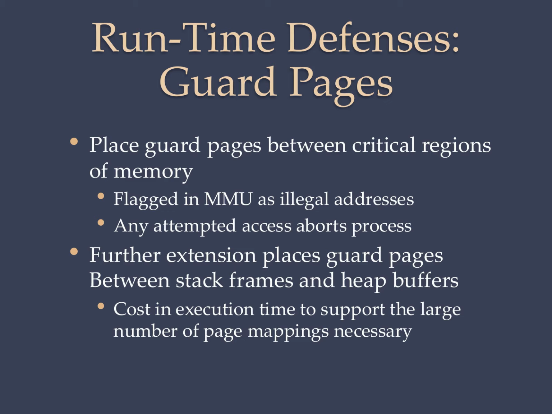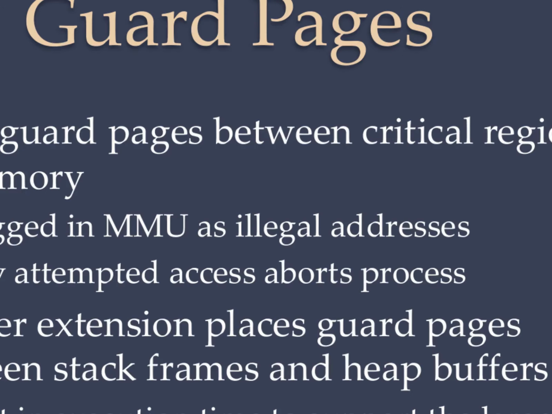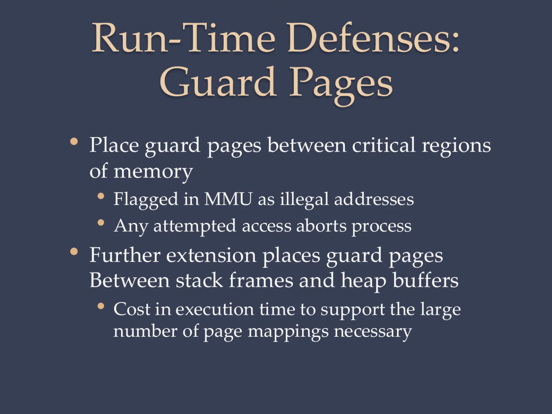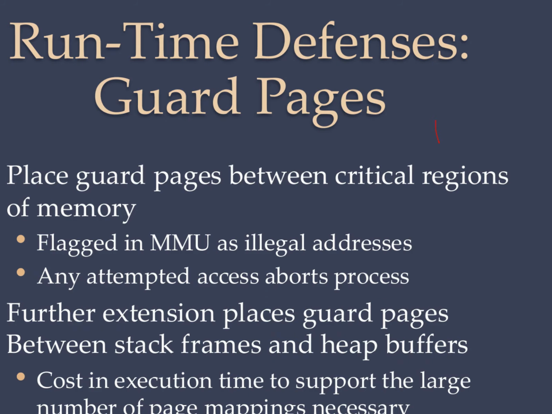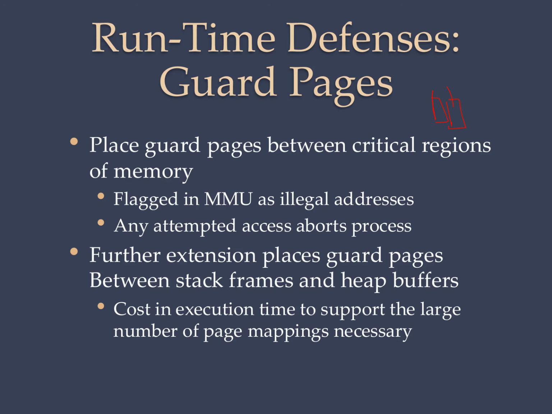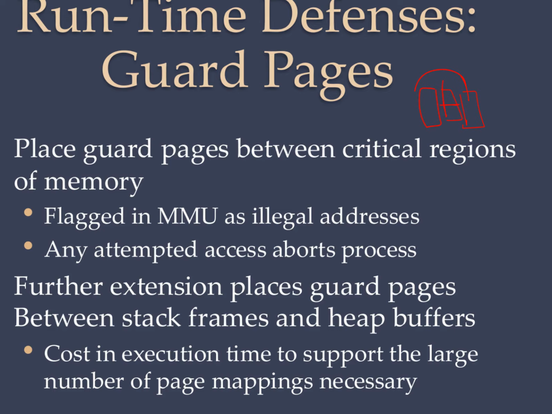And guard pages are placed between critical regions of memory. This is used for separating the kernel functions from the user functions. The kernel, or the privileged part of the memory, is separated with random guard pages, so that it's not easy to predict the next part of the privileged memory.